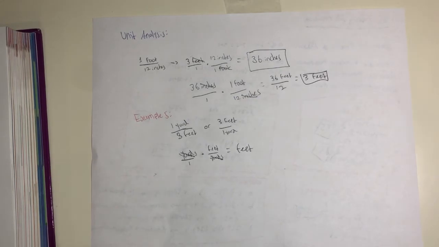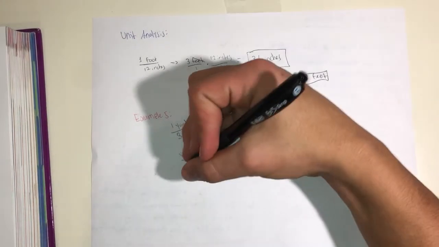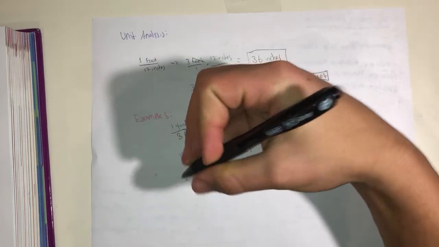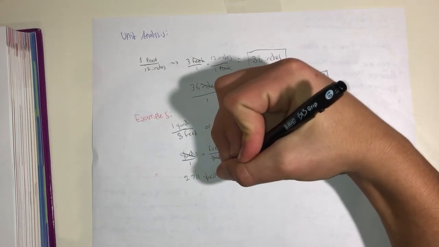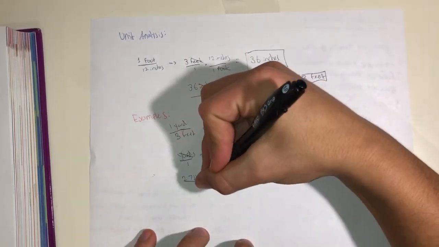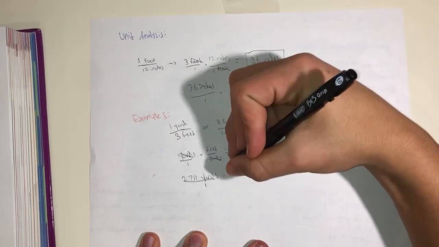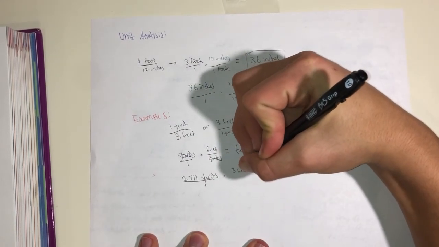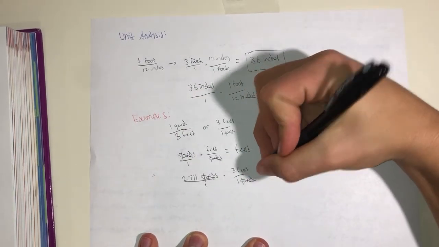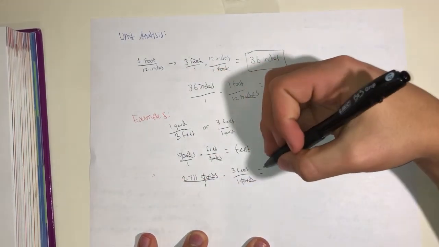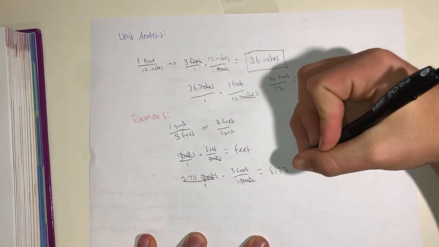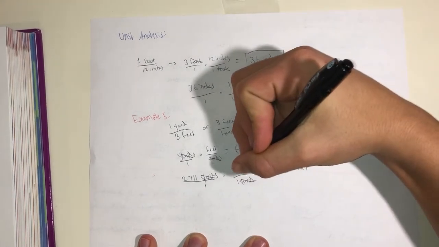The example they give us is if you have 2,711 yards and you want to convert it to feet, you would multiply by feet over yards. So 3 feet equals 1 yard. When we cross out yards, we end up doing 2,711 times 3, which ends up being 8,133 feet, which is the unit that we have in the outcome.